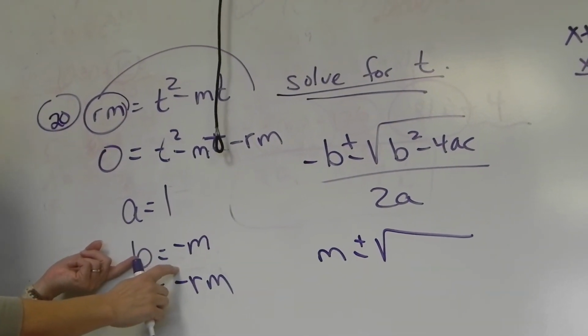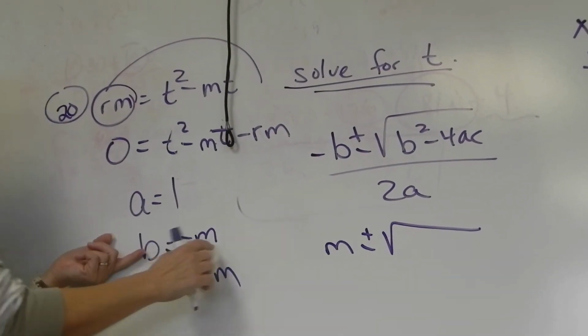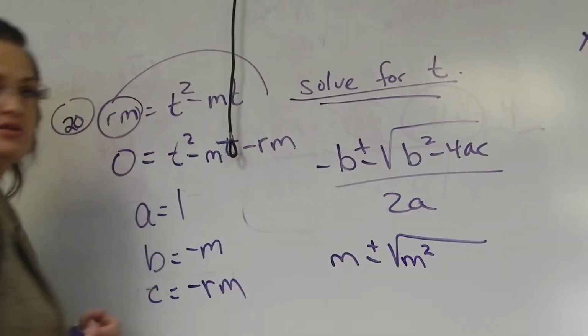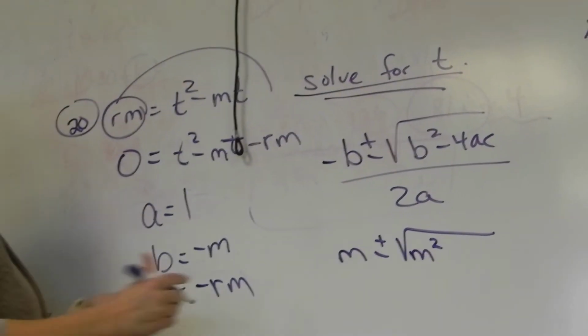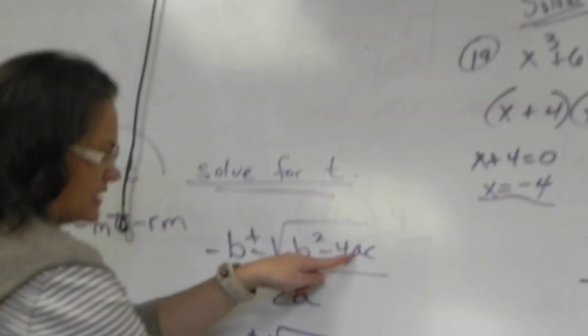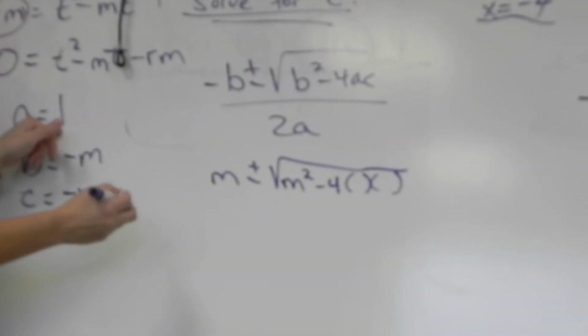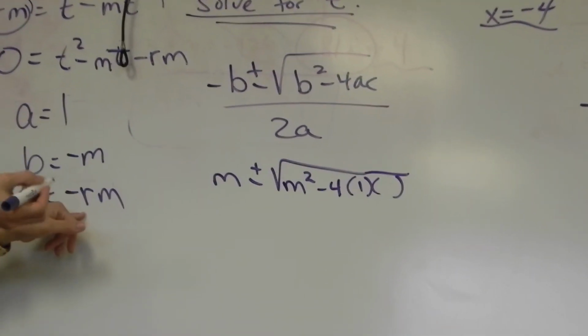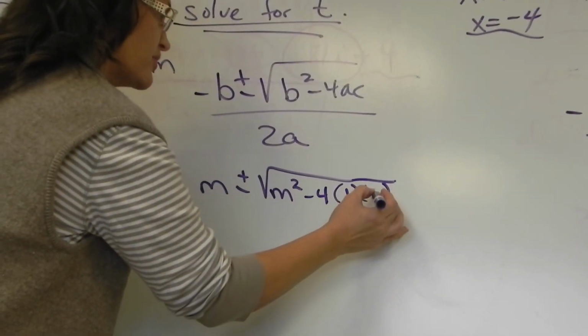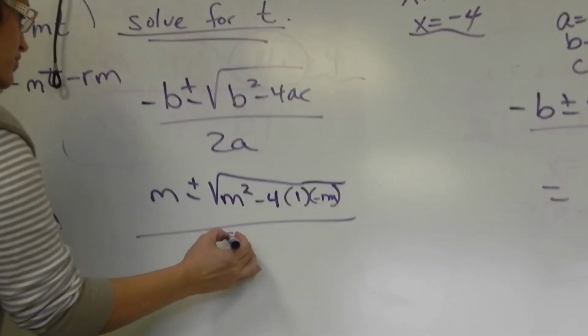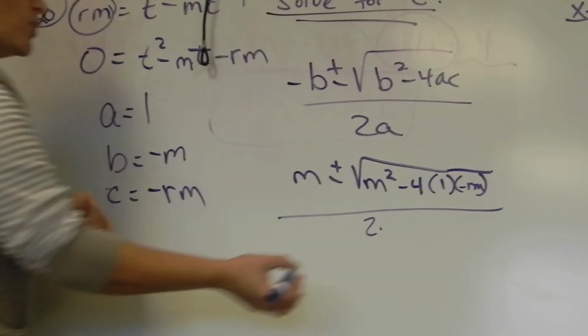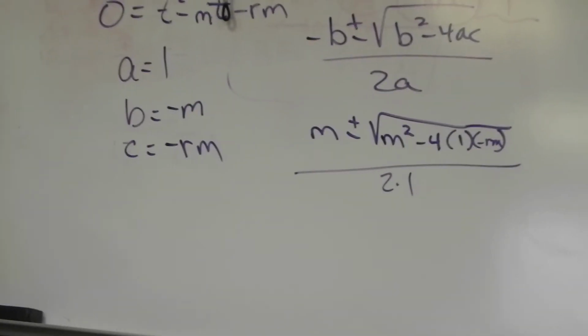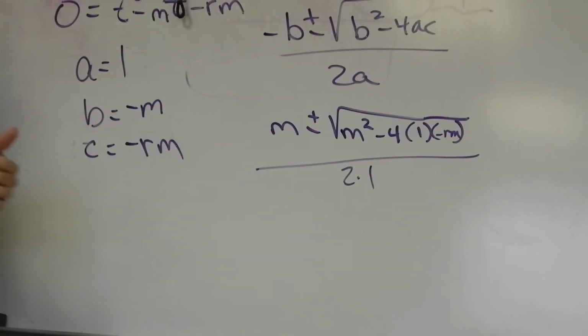When you square that, the negative squared is positive. So it'll be m squared. Then minus 4 times a times c. Okay, a is 1, and c is that negative rm, that weird constant. All over 2 times a, which is 1. Luckily we had something that was just normal there. And then clean that up.